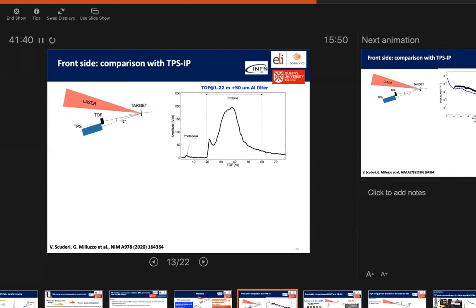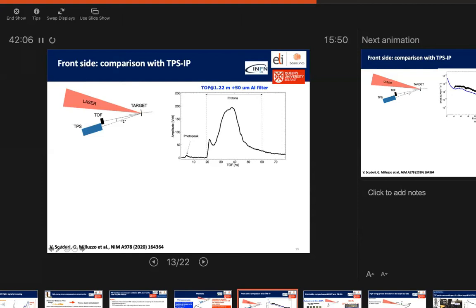The problem is the very high energy electromagnetic noise. If you stay too close to the target, you get more electromagnetic pulse. Of course, this depends on the detector, because here the photopeak is very small.